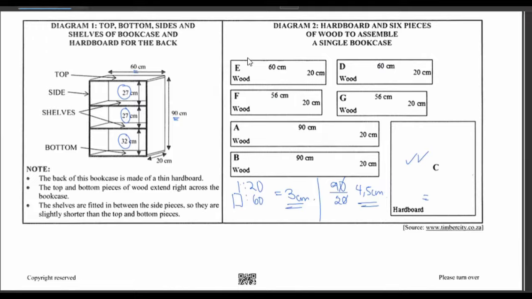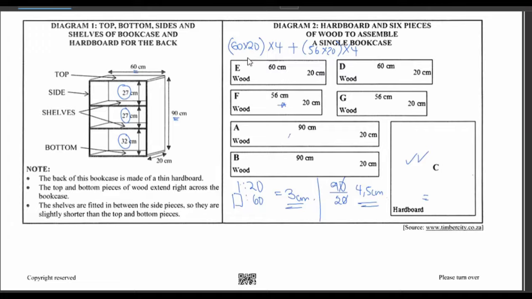So we shall say, let's say area of E. This will be 60 times 20. But how many times? Times 4, because there are 2 bookshelves. Here, for one, we need 2 of them. So if they are 2, they become 4. Plus the area of the shelves. How many are they? They are 2, which is 56 times 20, also times what? 4, because they appear to be twice.